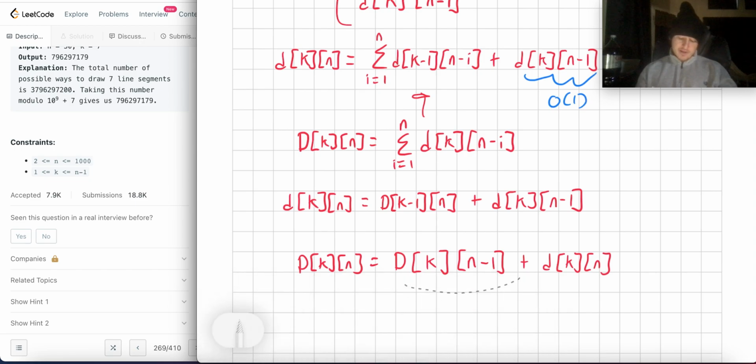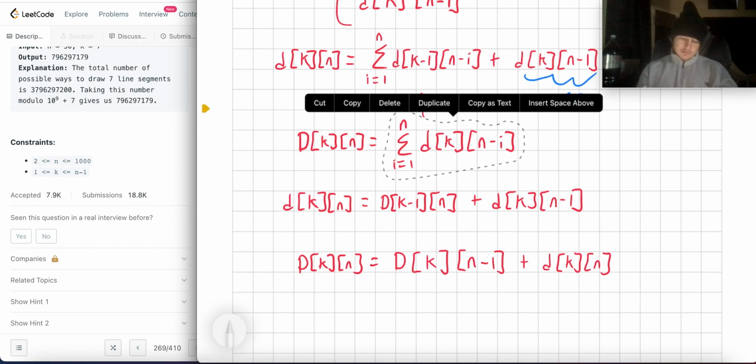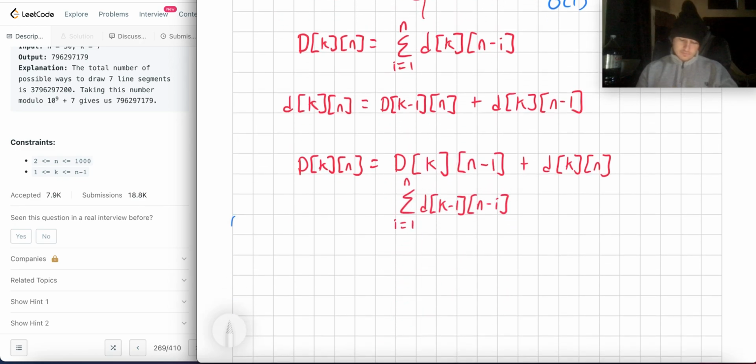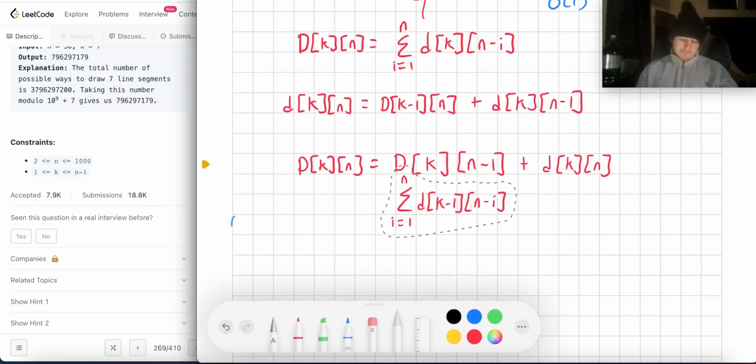Well, dk of n minus 1 is this. Just to prove to you why I wrote this recurrence relationship like this. Right, it equals that. Let's make it blue.